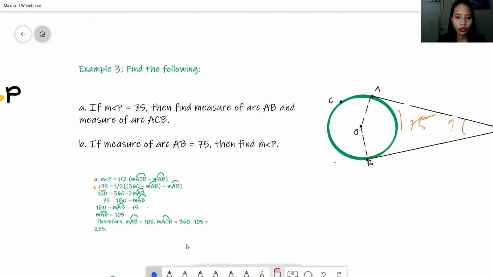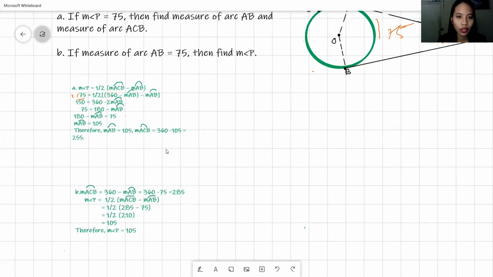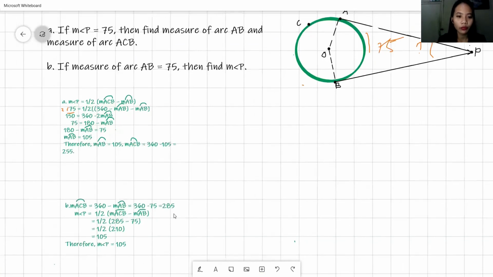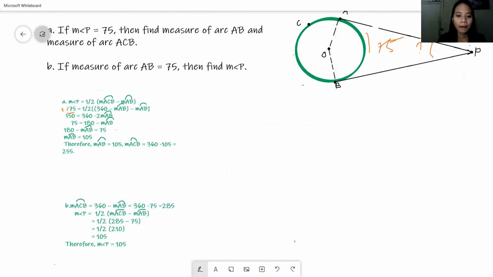So the thing to do here is, since 360 is the measurement of a whole circle, minus the measurement of arc AB, which is 75, let us subtract 360 minus 75 to get the measurement of arc ACB.